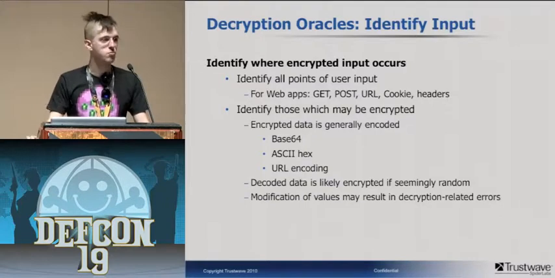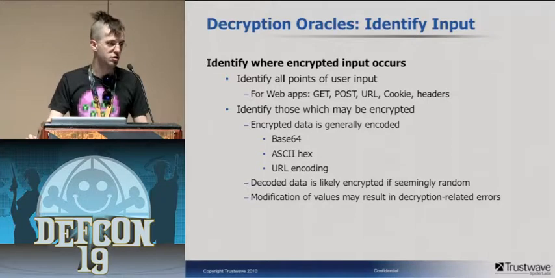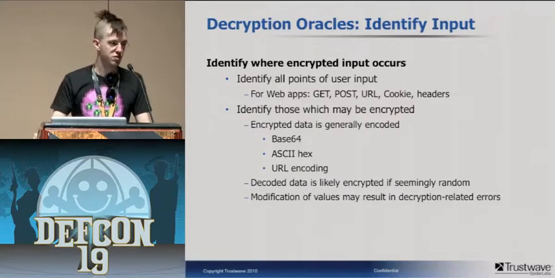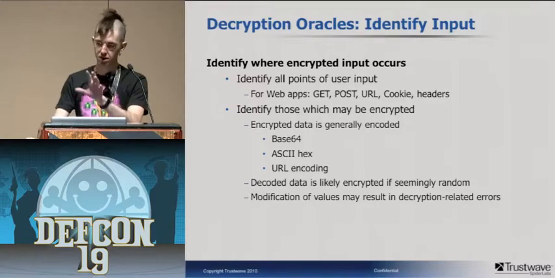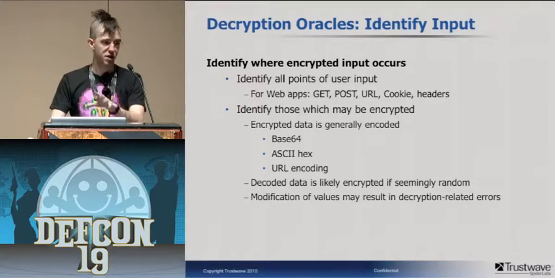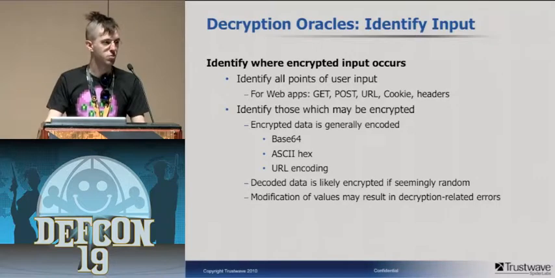Another thing that you can do is modify the values. Sometimes this will give you decryption related errors. The other thing is, if you modify a value in the middle of some piece of ciphertext, you might see resulting text in the response that is garbled beyond a certain point.